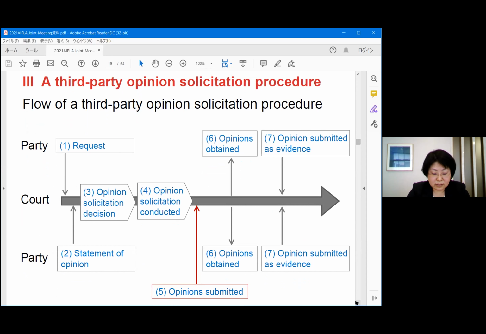Step 5, submission of opinion by a third party. And step 6, obtaining opinion by both parties. And step 7, submission of opinion by the party as evidence. I will explain each step based on the bill and discussion in the subcommittee.